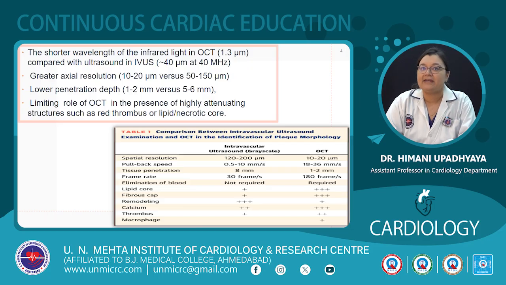Because of this, vessel remodeling is better defined in IVUS, whereas lipid core, fibrous cap, calcium, thrombus and macrophages are better seen in OCT. OCT has a limited role in the presence of highly attenuating structures such as red thrombus or lipid or necrotic core.